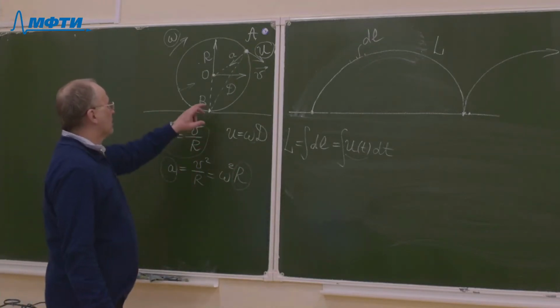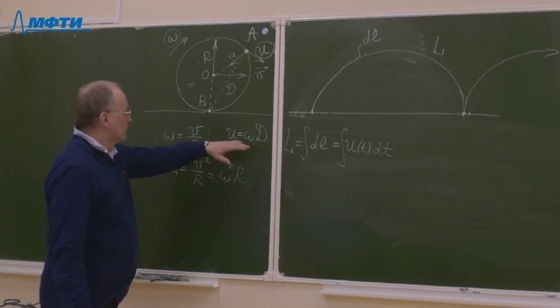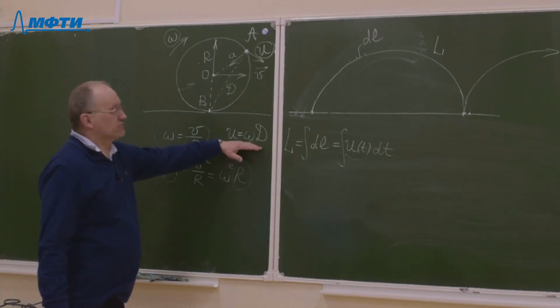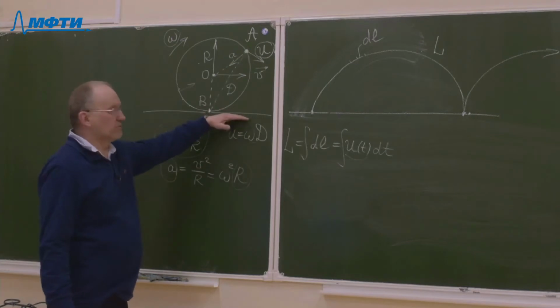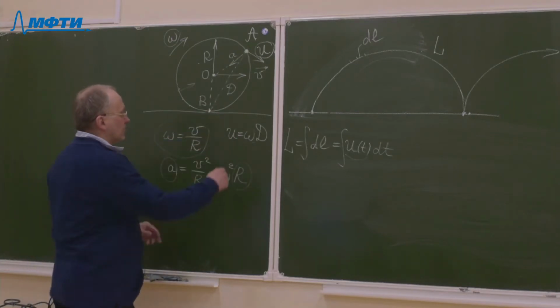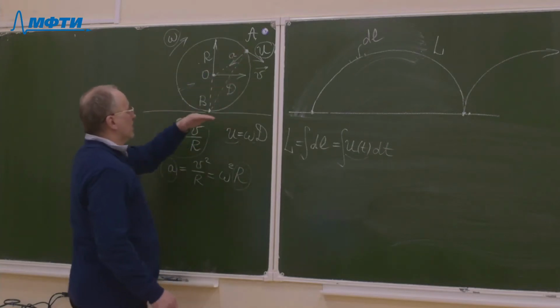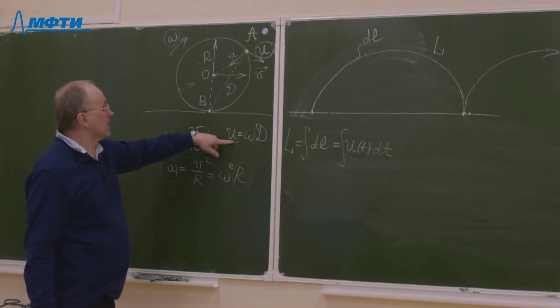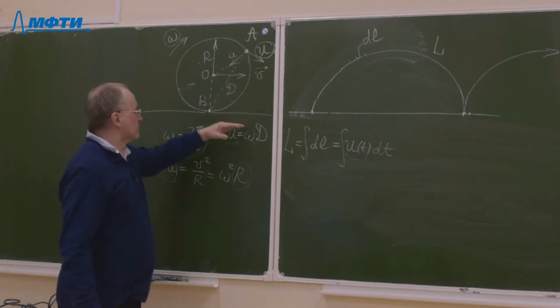And when I write this formula, I consider the situation in the reference system associated to the ground, to the road, because I want to find the velocity of point A with respect to the ground. The velocity of point A, the velocity u with respect to the road.